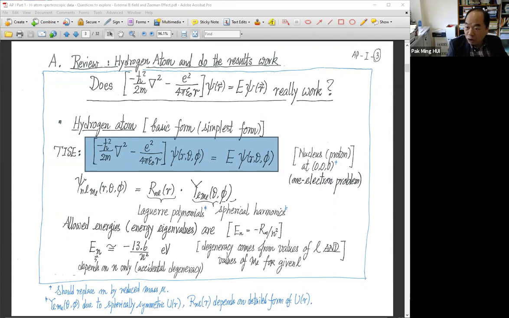I know that you had a chapter on this kind of problem last term. And to me, I will often call this problem U of R problems, or spherically symmetric potential energy function problems.